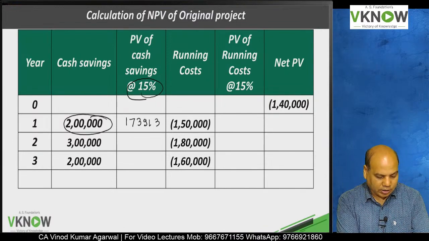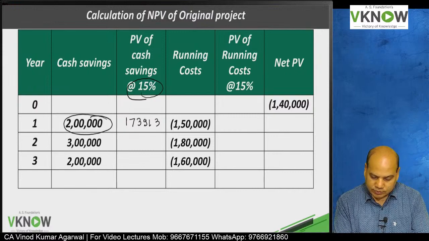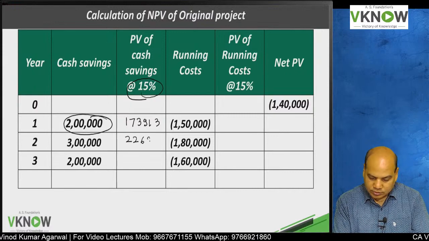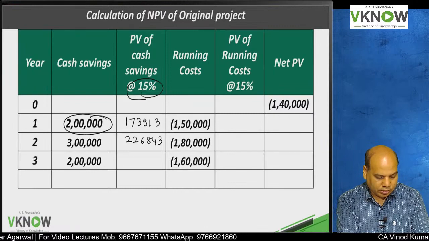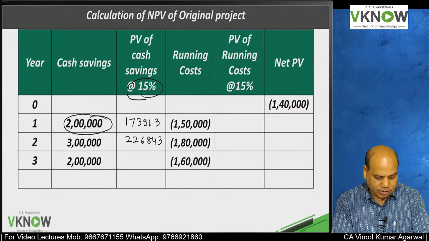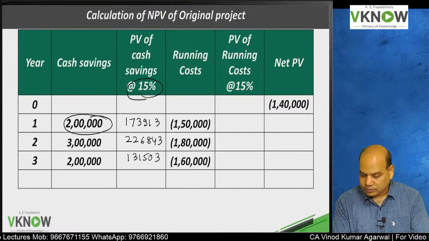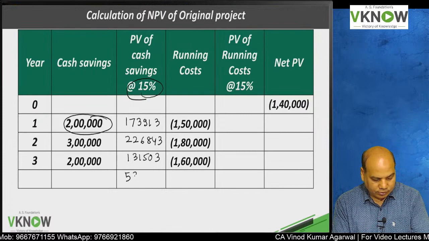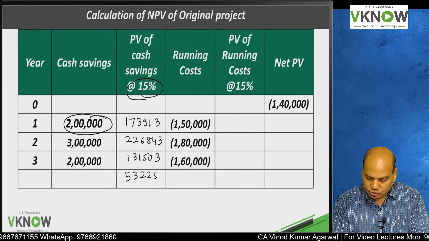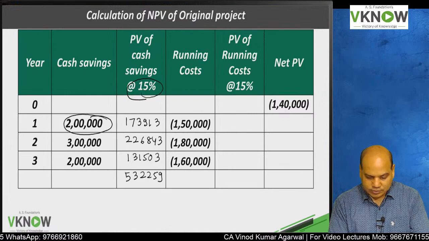Then type 3 lakh divide by 1.15 2 times equal to memory plus, 226843. Then you type 2 lakh divide by 1.15 3 times equal to memory plus, 131503. Memory recall, this is 532259.